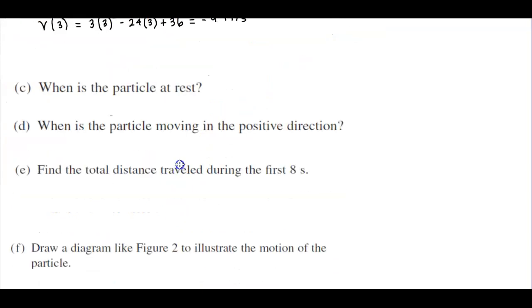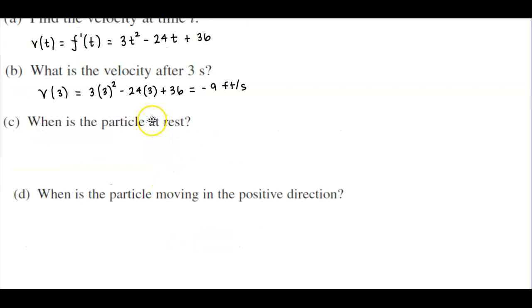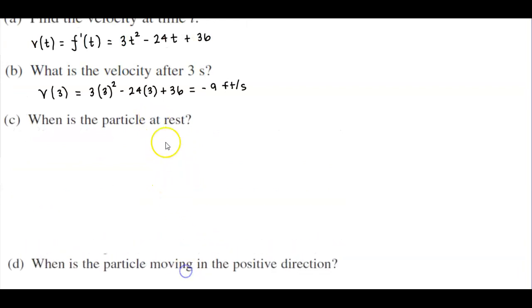Okay, now the next question is asking us, when is the particle at rest? Well, the particle is at rest when the velocity function, v of t, is equal to 0.